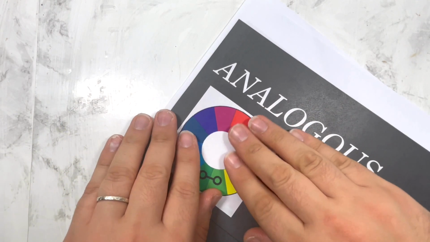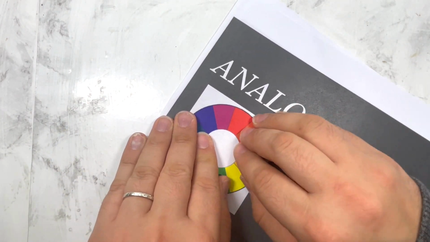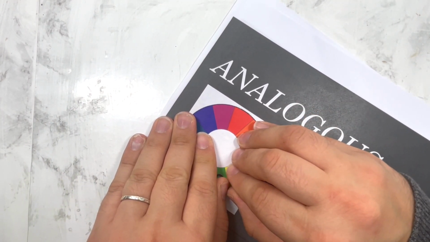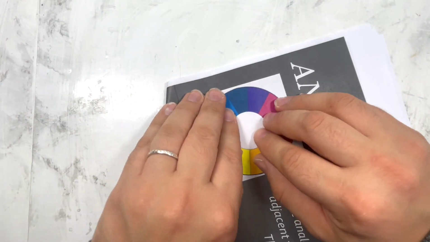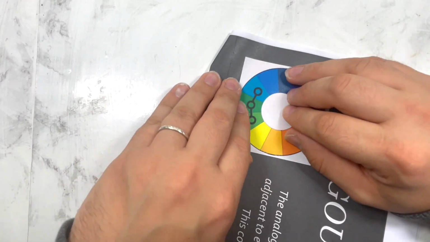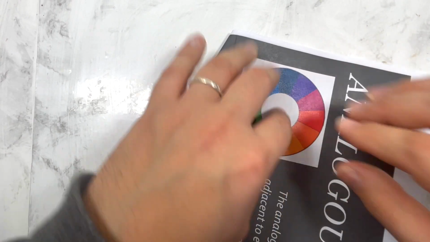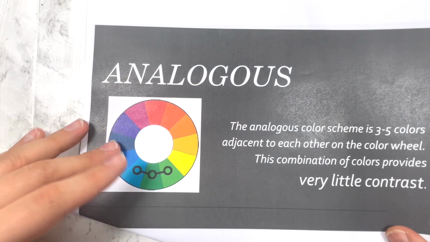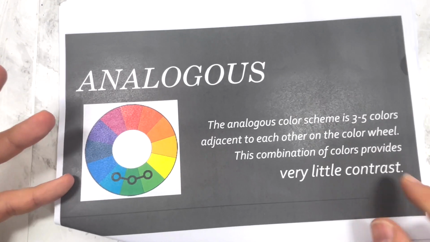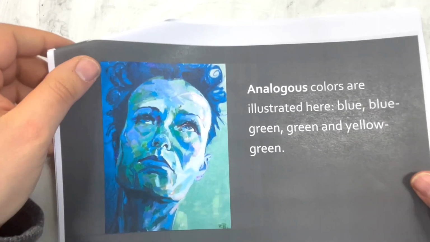If you think about these three colors, you don't really get a lot of contrast, neither on those three or those five, because they all sit next to one another. So you get a combination, but you don't really get a strong contrast. This is why I said very little contrast.